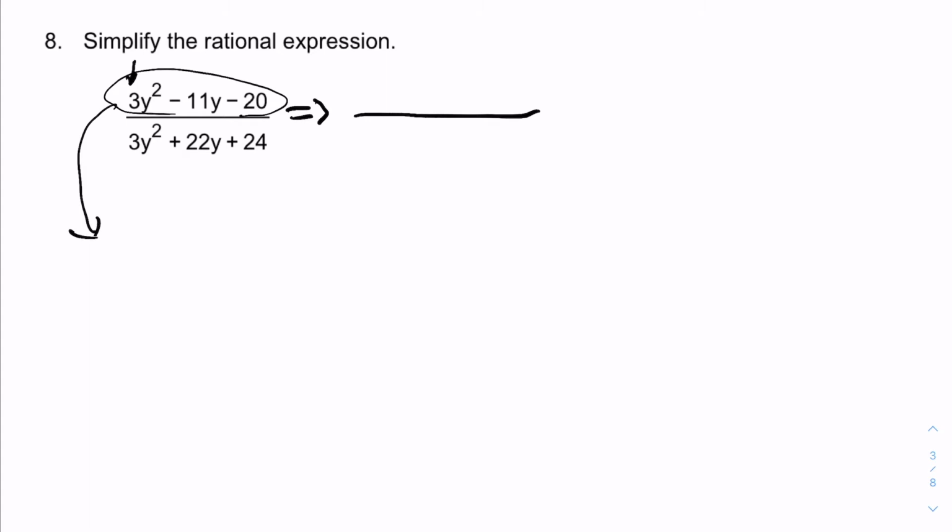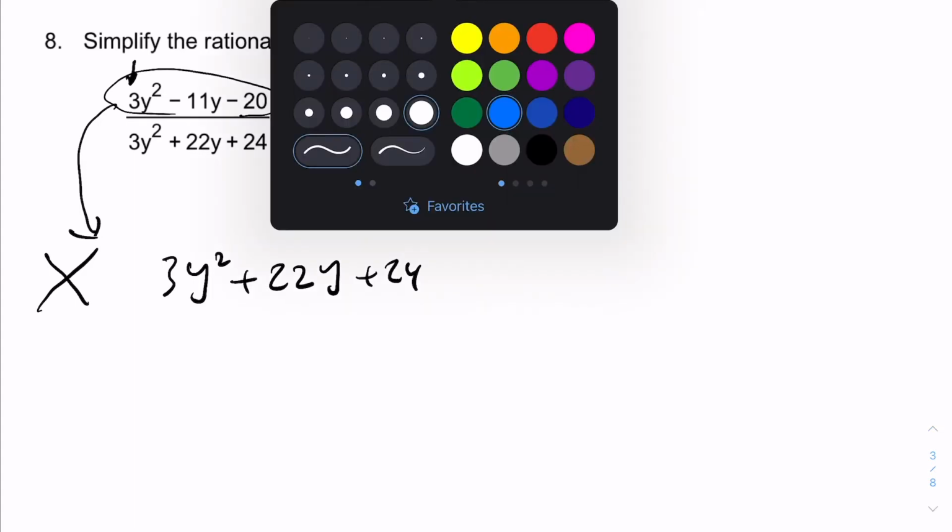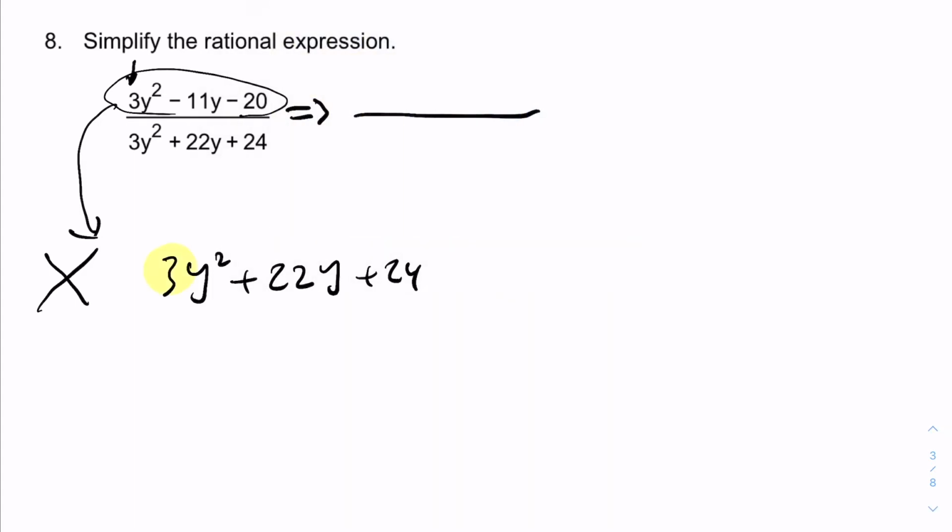So how much space am I going to have here? The problem is 3y squared plus 22y plus 24. Now remember, in order to do this, I'm going to need to multiply 3 times 24 to get that number right there.